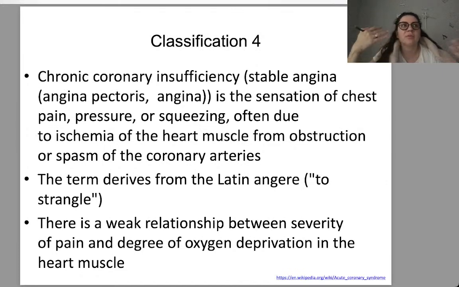Sometimes it can be a big transmural myocardial infarction, very dangerous, very severe, but with very low pain or discomfort, or even silent, non-pain myocardial infarction.